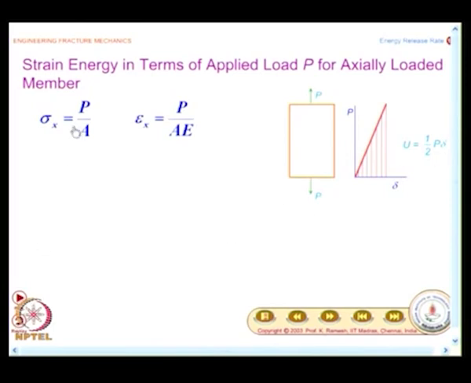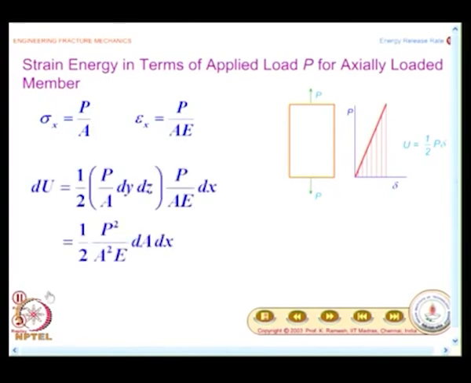We have written sigma x is nothing but P by A, epsilon x equal to P by AE, and dU becomes, we have already seen, sigma x into epsilon x. So, if you look at it in this fashion, you get 1/2 of P squared by A squared E into dA into dx, that gives the volume.